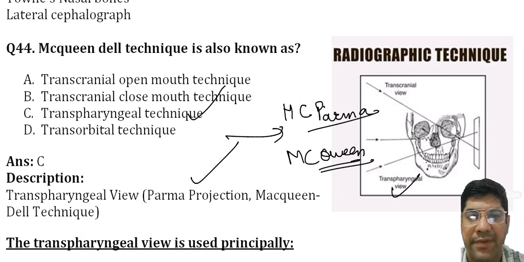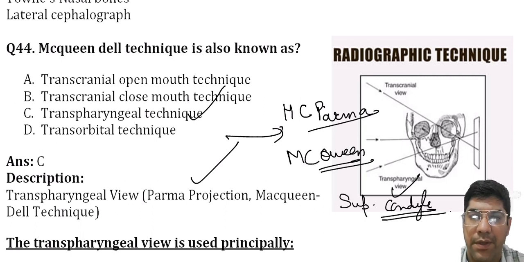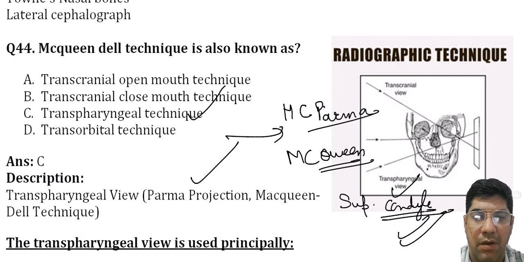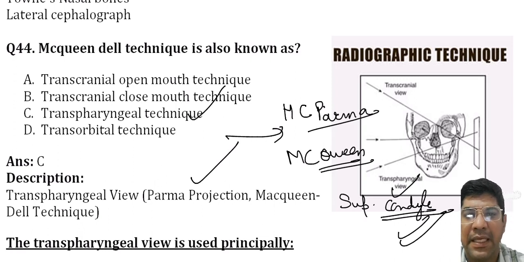So the transpharyngeal view is used for the visualization of the superior portion of the condyle, and it is used for looking at arthritic changes such as rheumatoid arthritis, or in cases with degenerative joint disease in the temporomandibular joints.